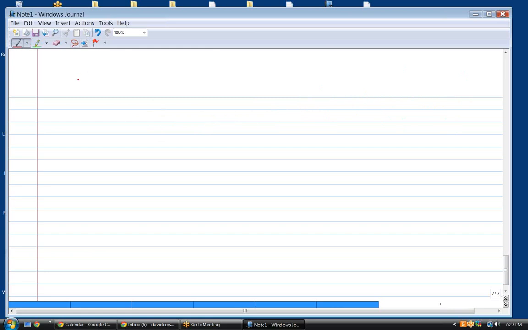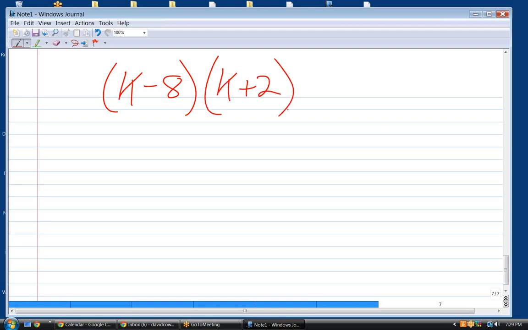Okay, the next one is, in the first set of parentheses, k minus 8. And then the second set, it's k plus 2. And then the third set, it's k minus 7 equals 0.